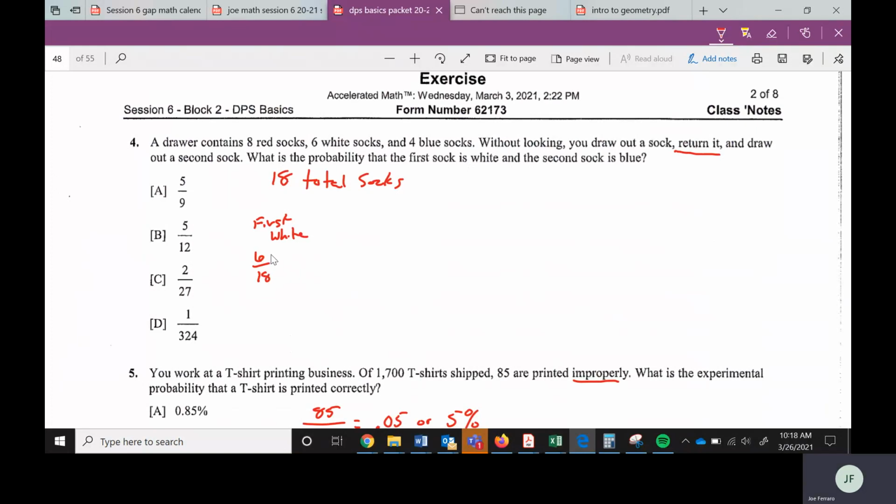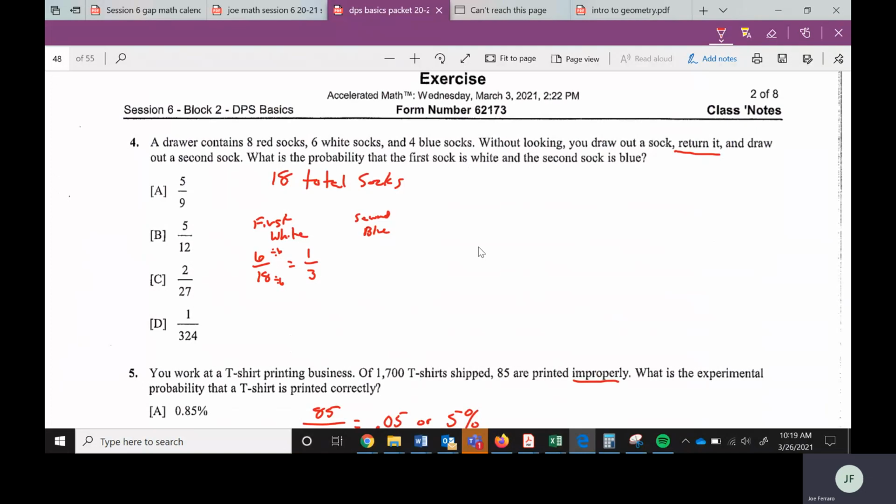Okay, so let's reduce this. 6 goes into both. If you didn't notice that, you could divide by 2, and then you divide by 3, or divide by 3 and then divide by 2. But eventually you'll get down to the probability of getting a white on the first one is 1/3. Now you return that sock, and then we look at the probability that the second is a blue.